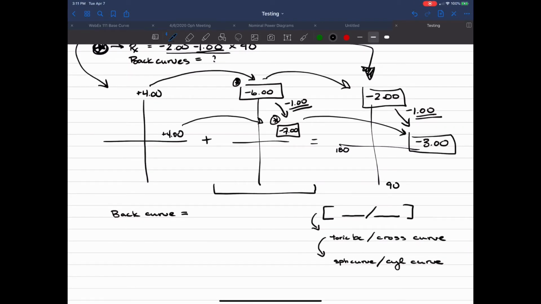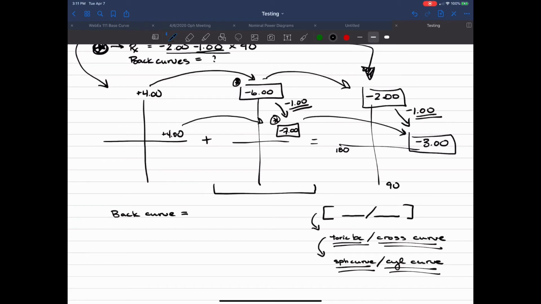So we have our back curve equals what? The two curves that we found here were -6 and -7. We're going to write them as the toric base curve and the cross curve, which you can think of as the sphere curve and the cylinder curve.